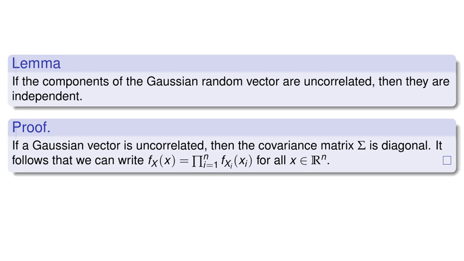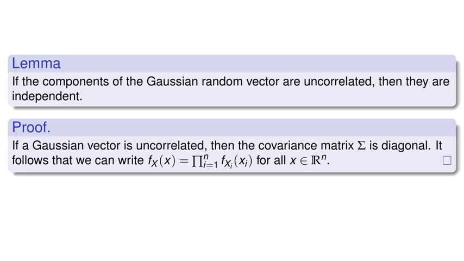Then sigma inverse is diagonal with entries 1 over sigma i squared, and the determinant of sigma is the product of sigma i squared. The quadratic term in the exponent of the density function becomes minus 1/2 times the sum from i equals 1 to n of xi minus mu i squared over sigma i squared.